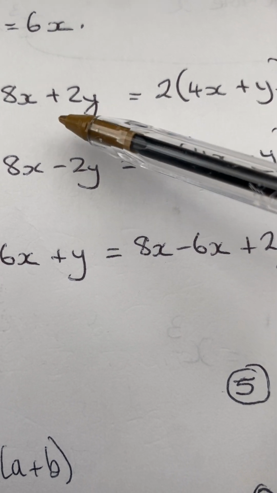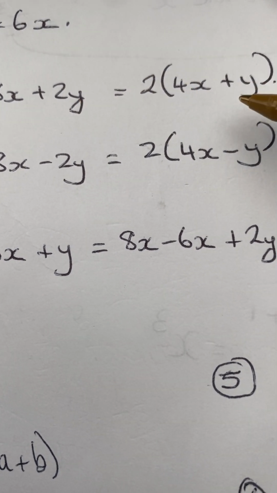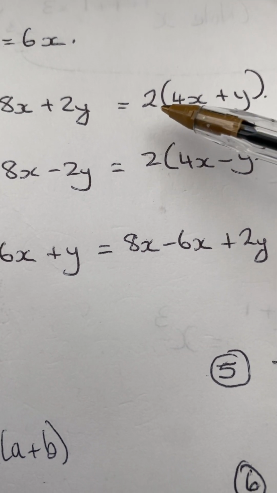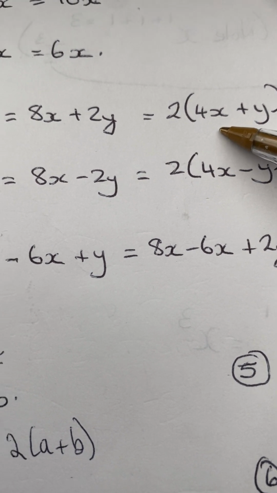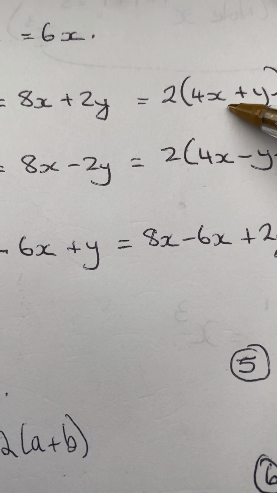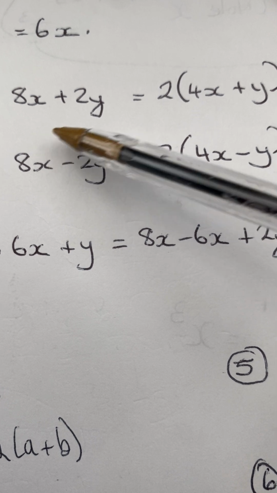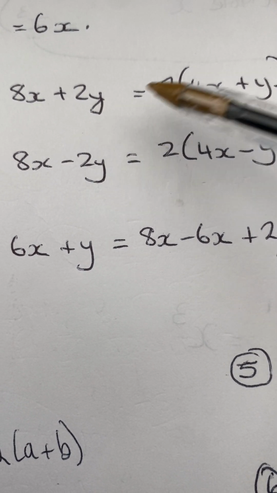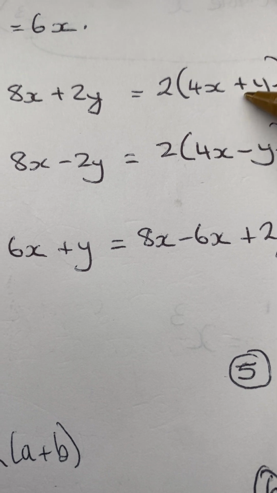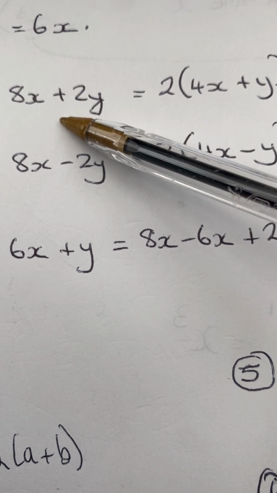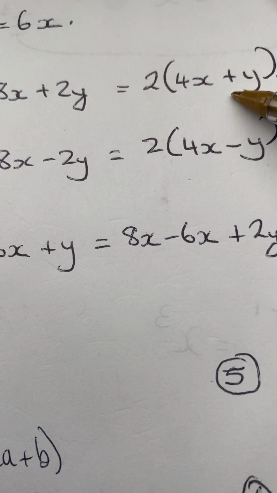How many 2's do we have in 2? 1, so 2 times 4x plus y. If we multiply it back, we have 2 times 4x is 8x, 2 times y is 2y. But we have an add in the middle, so we bring an add. This is right. This is also right.